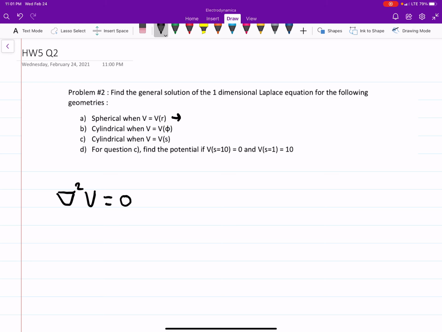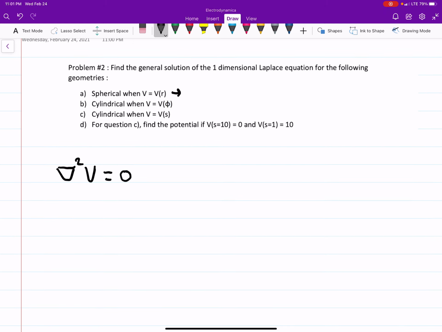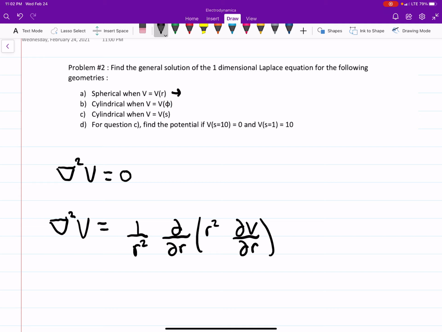So we need to know the Laplacian in spherical coordinates, which is often given to you. You can derive it if you want, but it's very long. In spherical coordinates, it's 1 over r squared, the partial derivative with respect to r, of r squared, partial of our potential with respect to r, plus there's some other terms here as well, but they all include either dV d phi or dV d theta.